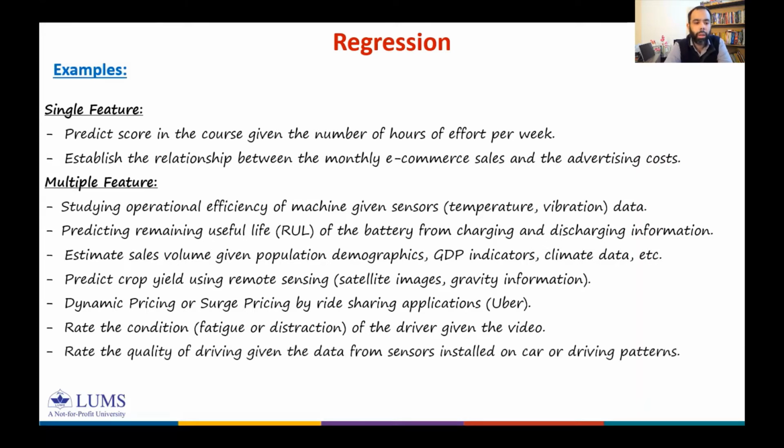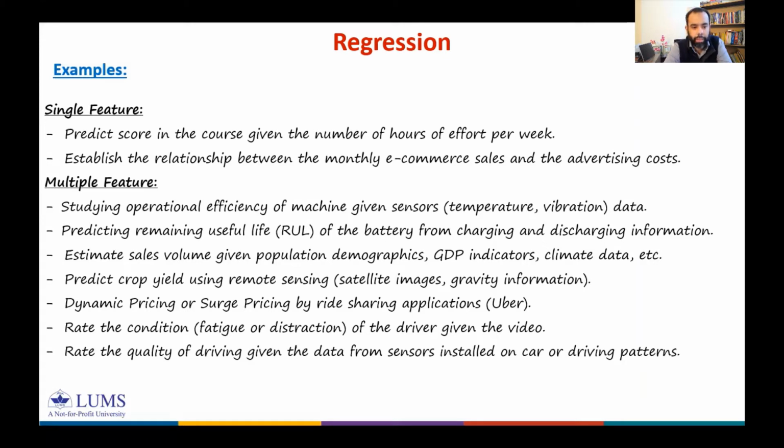Or you want to rate the quality of driving given the data from sensors installed in the car or driving patterns. From that information, you want to rate the quality of driving.